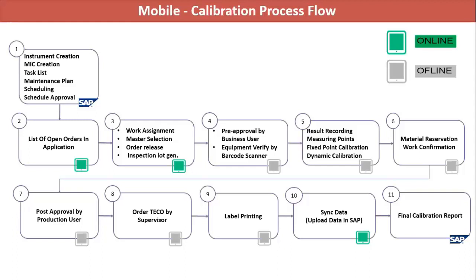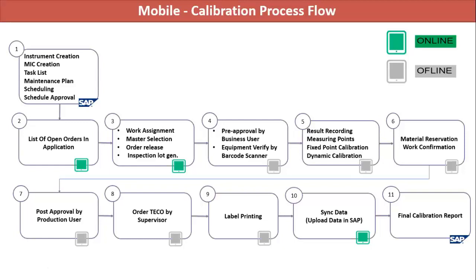That will be captured as a date and time stamp in the application, showing that the production person has provided approval for starting the calibration activity. That is point number four that I will demonstrate in the mobile app, how it will work.